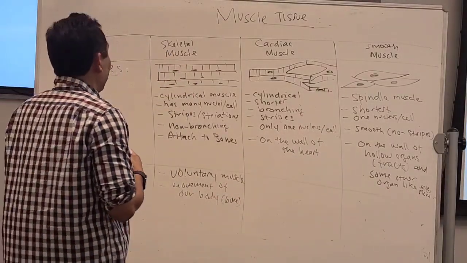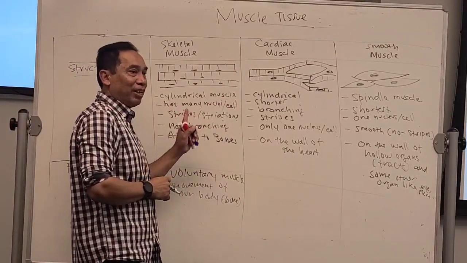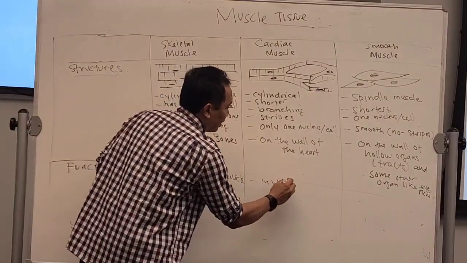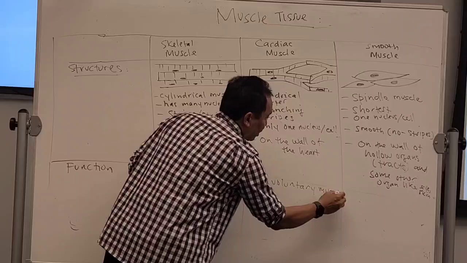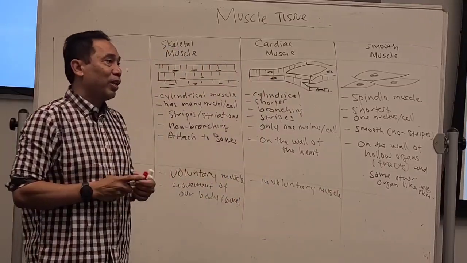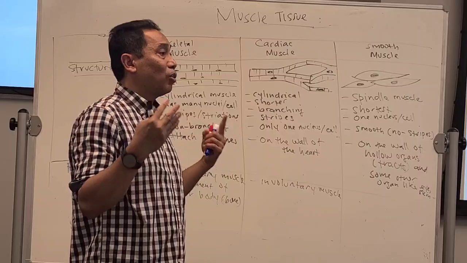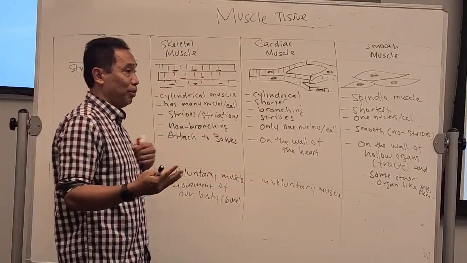Okay. Cardiac muscle. Is it voluntary or involuntary? Involuntary. This is involuntary muscle. What does that mean? You cannot really control it. It will do the contraction automatically. Okay? So you cannot say stop to your heartbeat.